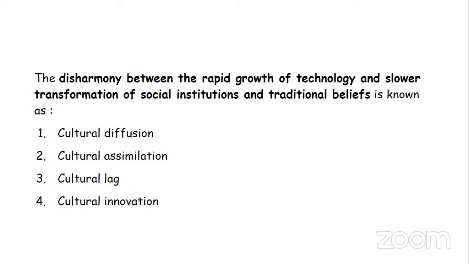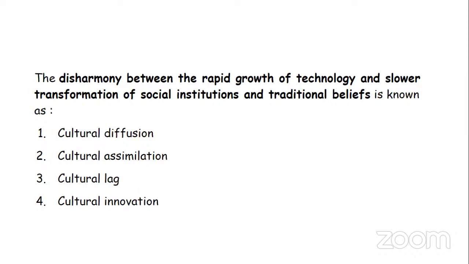We use a word to denote this process because technology keeps developing fast, or there is rapid growth of technology, but it is difficult for social institutions and traditional beliefs to transform at the same frequency.